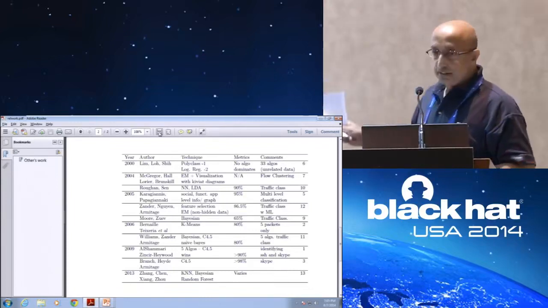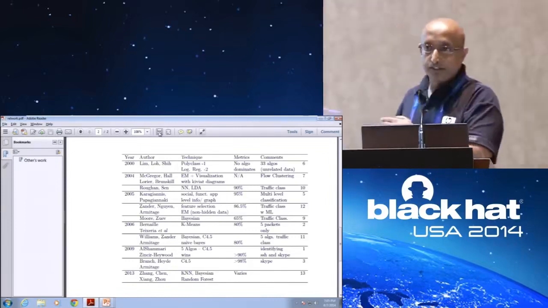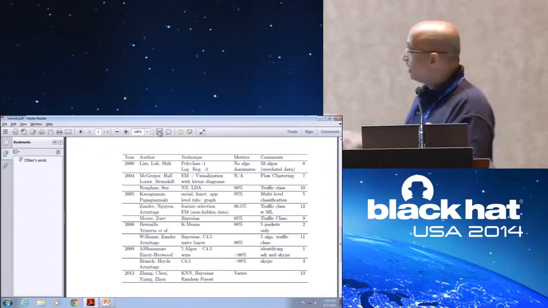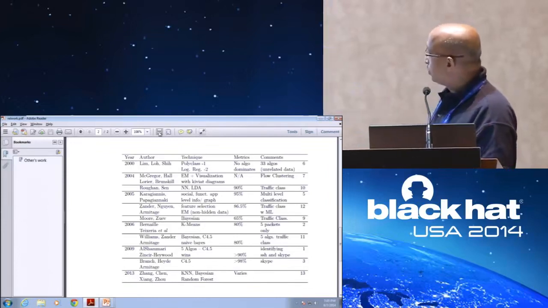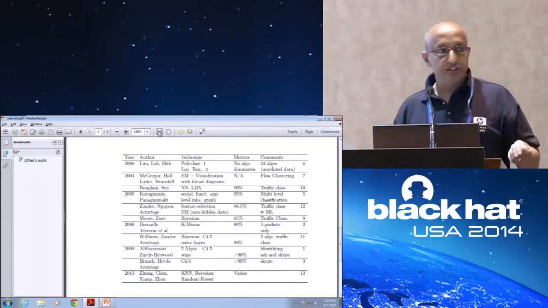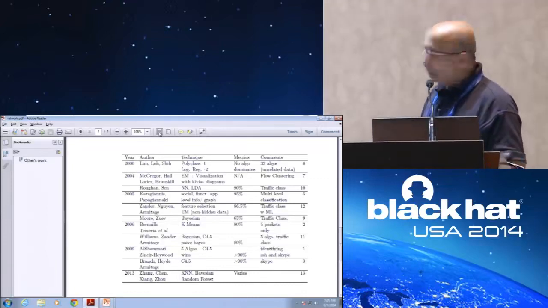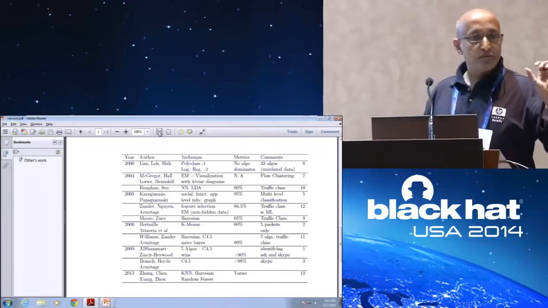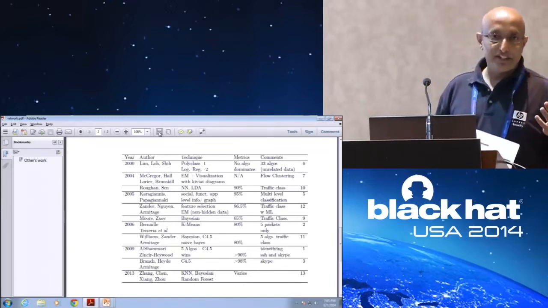All the remaining lines, I'm not going to go line by line, but please memorize this chart because there's going to be a test. All the remaining lines correspond to work that people did to try to identify stuff over tunnels. The first one, if you notice, at least one co-author has an unpronounceable name, and we have kept up with the tradition.